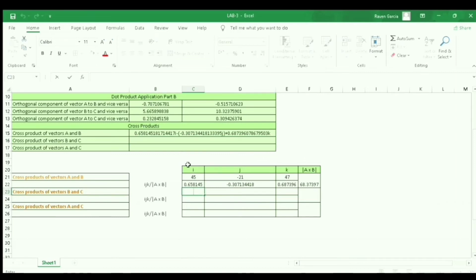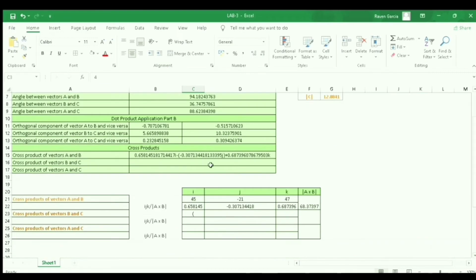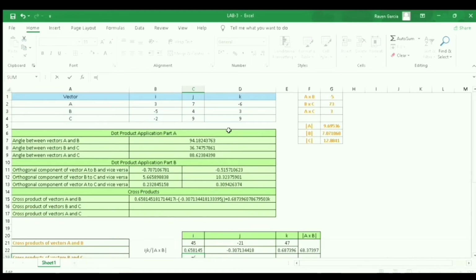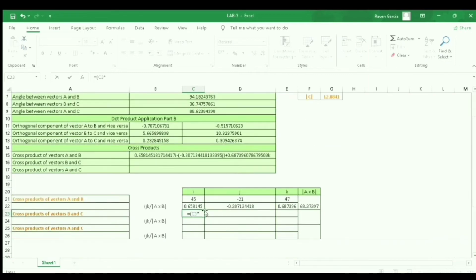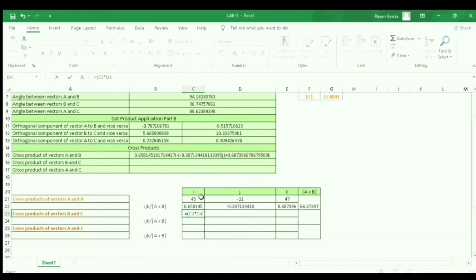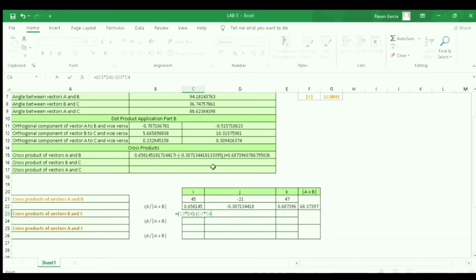For vectors B and C, at row 23, column C, input the formula equals parenthesis C3 times D4 close parenthesis minus parenthesis D3 times C4 close parenthesis and hit enter, and you get the answer of 9.